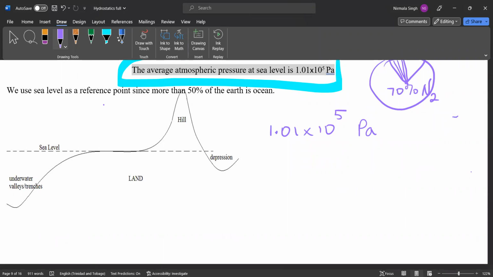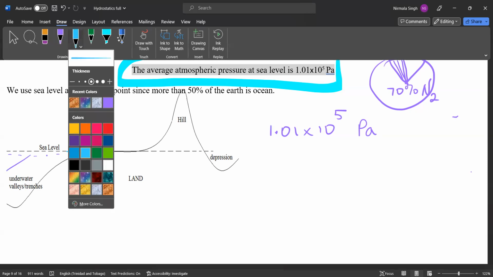We use sea level as a reference point since more than 50% of the Earth is ocean. Let's look at how pressure varies on our planet. We have our average sea level, that's our dotted line. This is sea, I'm going to put blue for sea.